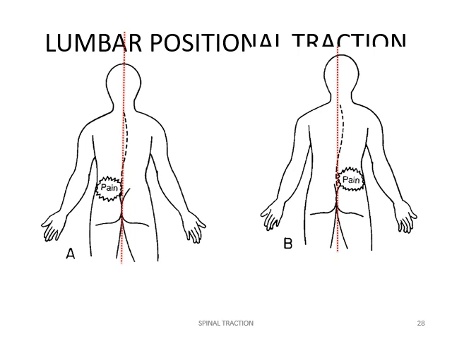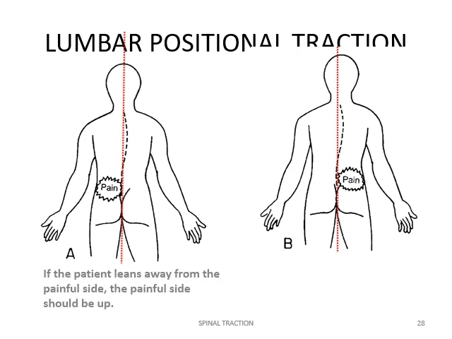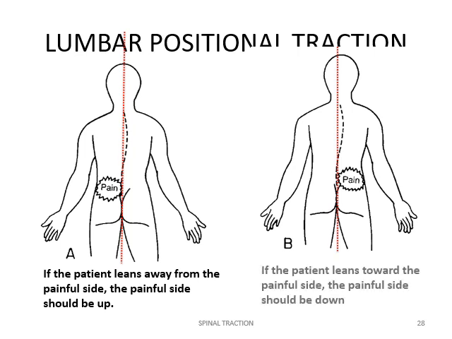The results of the patient evaluation should be used to determine whether the painful side should be up or down when using the side-lying positional traction technique. Protective scoliosis is the most obvious sign that will help determine the patient position. If the patient leans away from the painful side, the painful side should be up, and if the patient leans towards the painful side, it should be down.